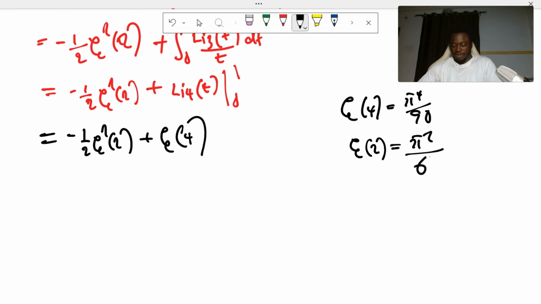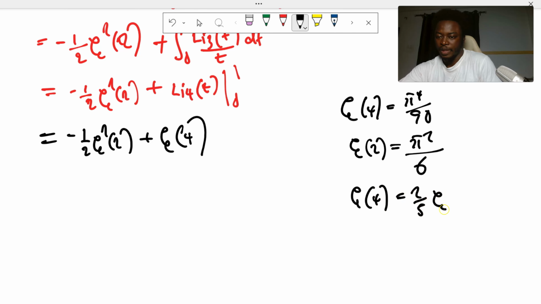So let me say 1/5 times 1 divided by 36. Okay, 2/5, I think 2/5. Yeah, so zeta of 4 is 2/5 zeta squared of 2.